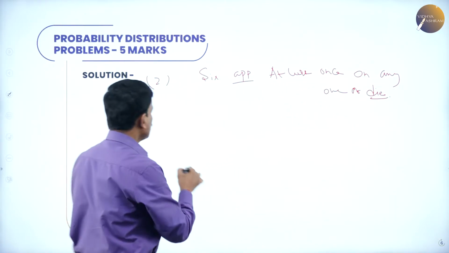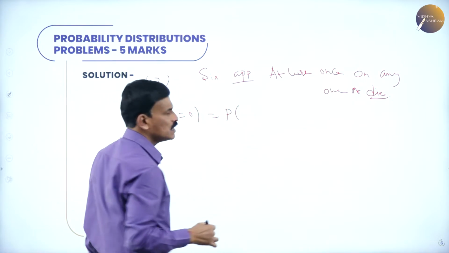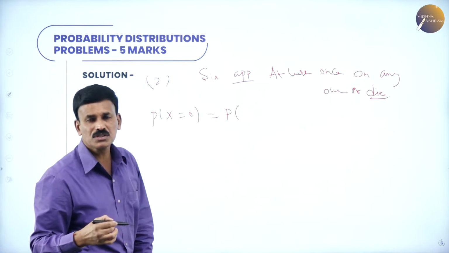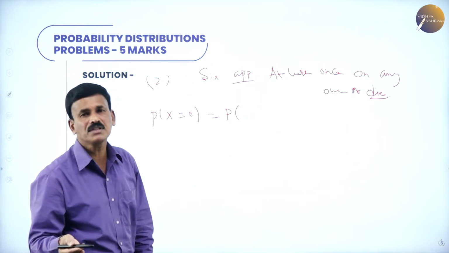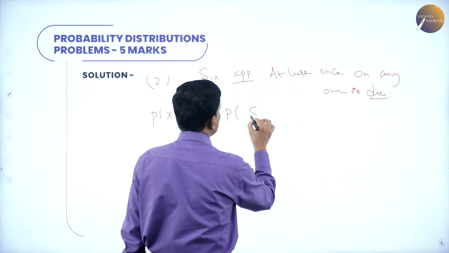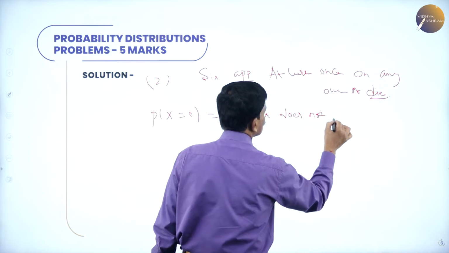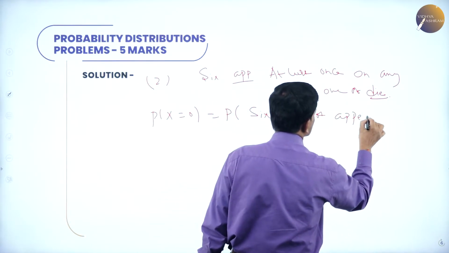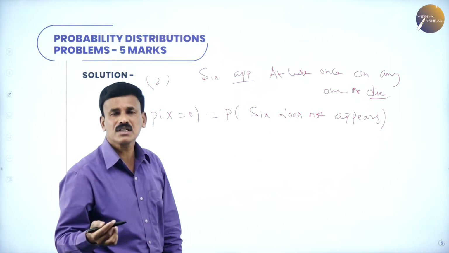Now, suppose let us consider P of x is equal to 0. X is equal to 0 means the probability of 6 does not appear on any one of the die. 6 does not appear at least once on any one of the die.